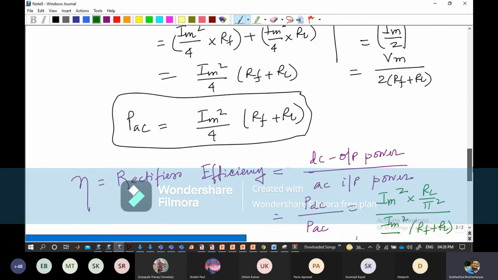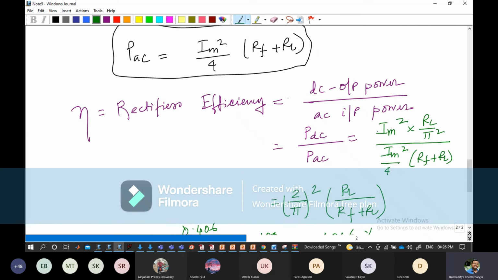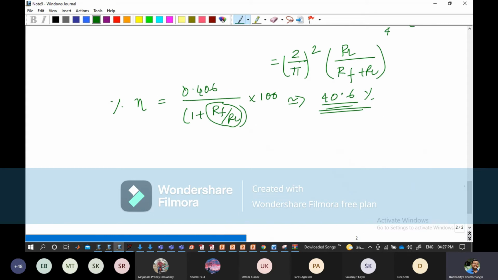The basic objective is to take the ratio of DC power to AC power. We are separately calculating what is DC power. For DC power, we require the Im, or the maximum current, and based on that we found it out. And to equate it, we also found an expression of AC power in terms of I maximum. Based on that, we found out this is 40.6.